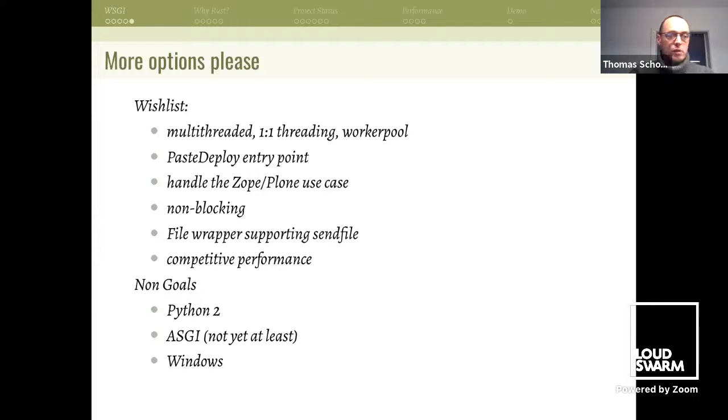I have other use cases for WSGI servers as well, but I wanted it to handle Zope and Plone. And I wanted non-blocking I/O, and a file wrapper supporting sendfile, which are two features that Waitress doesn't support. And of course, I wanted it to perform well. This is not about creating the fastest WSGI server around, but I wanted competitive performance so that it's actually usable.